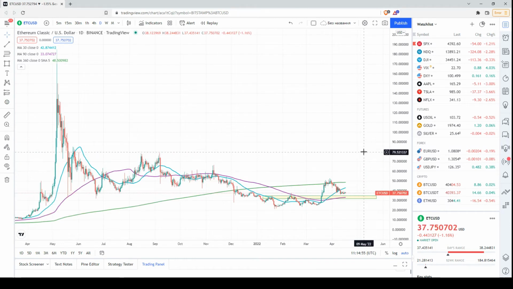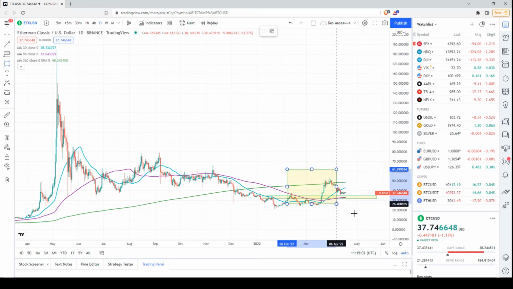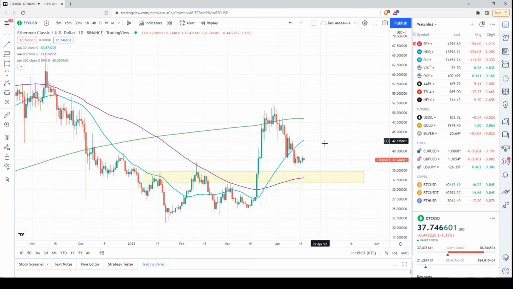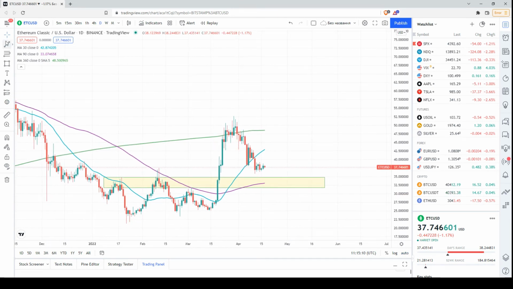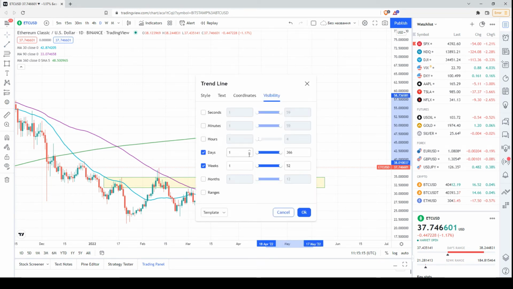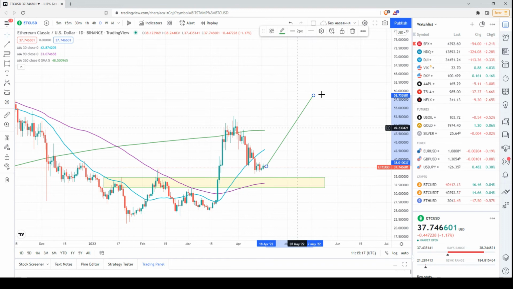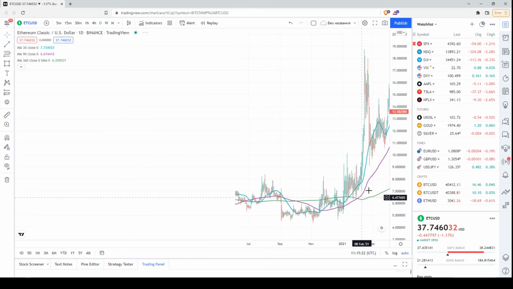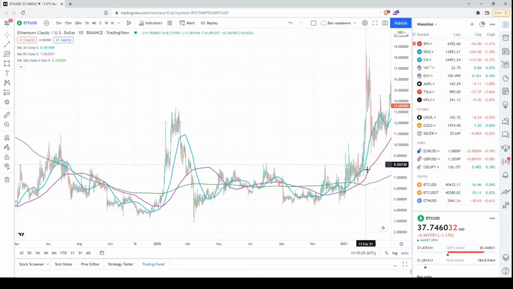And I want to say that probably these 3 moving averages will start heading sideways. So we will have some kind of broad consolidation in the near future. But I would become very bullish on the price chart of Ethereum Classic only if the price surpasses all 3 moving averages, and we have this bullish distribution where the 30-day moving average is at the top, in the middle is the 1 quarter moving average, and the 1-year moving average is at the bottom.